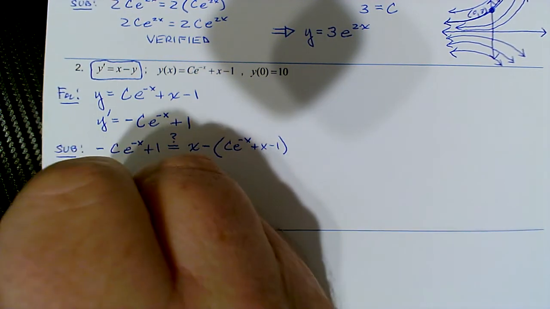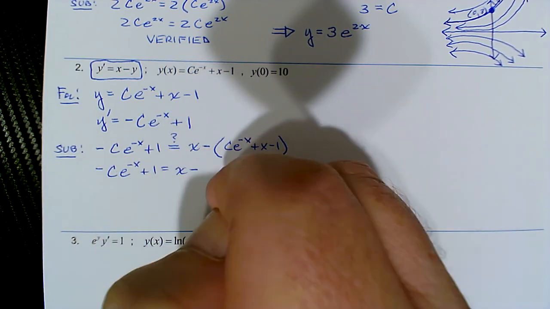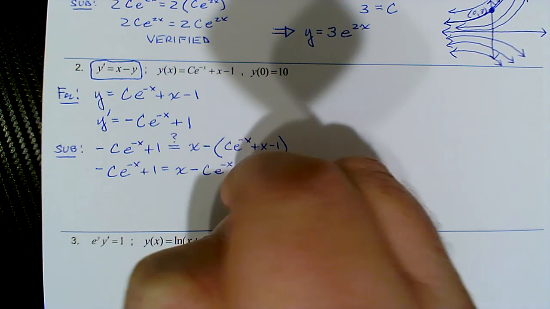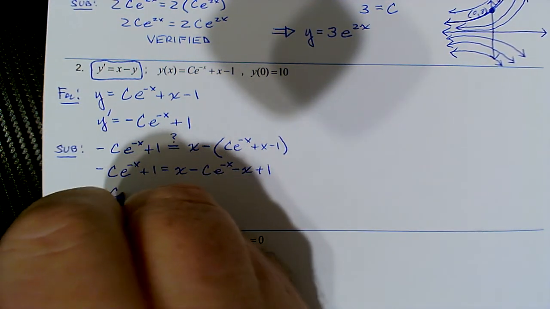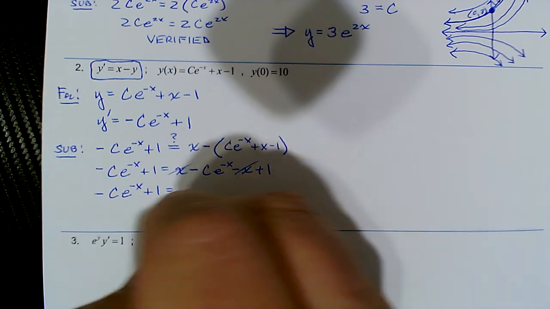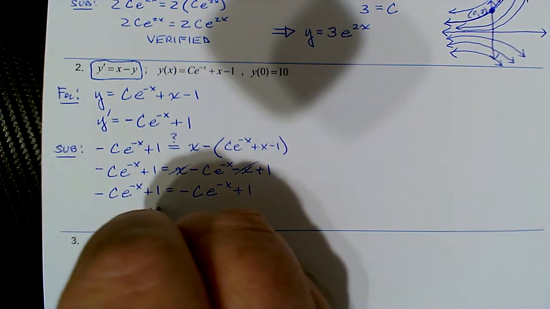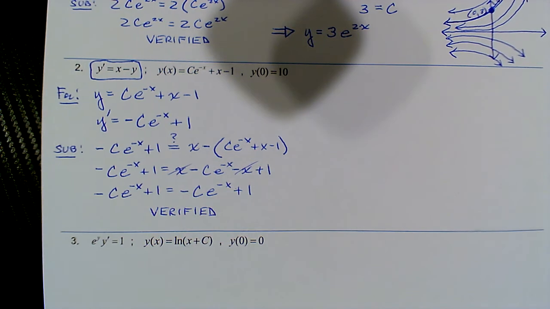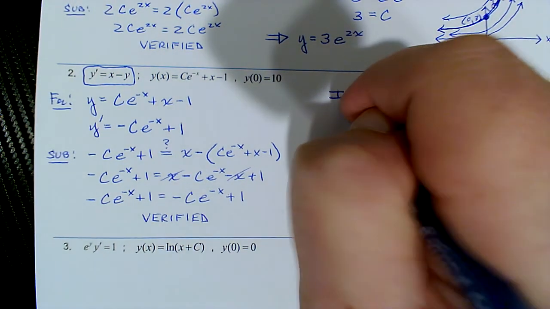So recopy the left, distribute the negative, so we have x minus c e to the negative x minus x plus 1. Now the x's cancel. We have minus c e to the negative x plus 1 equals minus c e to the negative x plus 1, and that's verified.